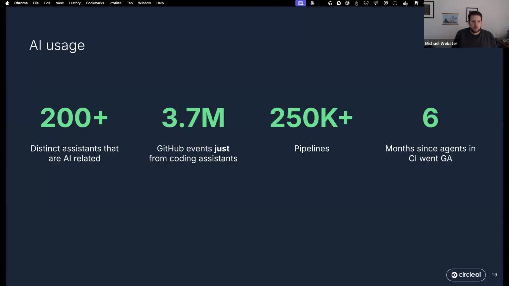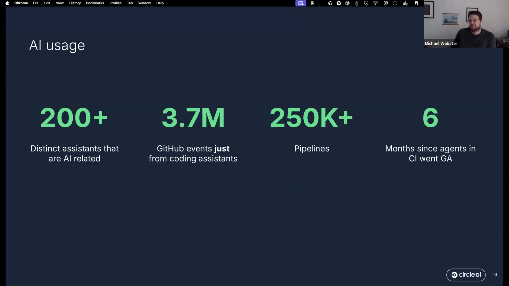But when we aggregate all of this together, across the GitHub data set, there's about 200 plus assistants that are AI related. There's a few million GitHub events that are attributed just to coding assistants, so a subset of that 200 plus. And then within CircleCI, that adds up to about 250,000 pipelines.